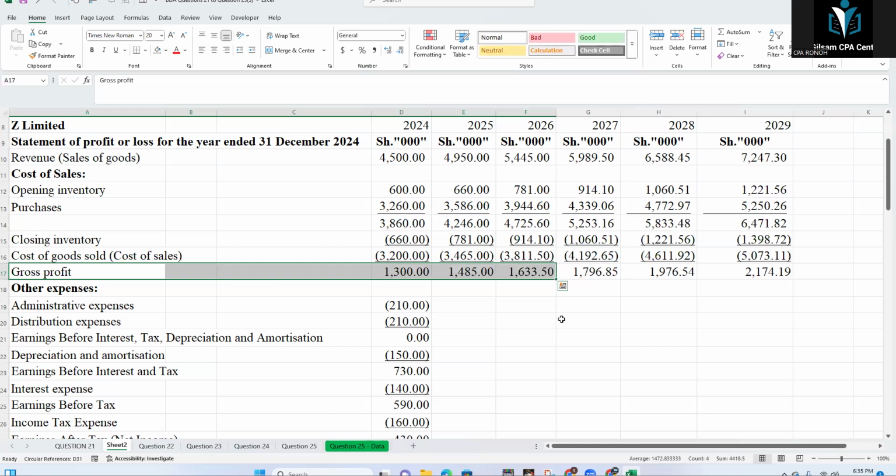Umefika hapo ama umekwama mahali? Yes? Hapo kwa gross profit ndio nimebaki. Haya, umeipata kwanza hii 1485, 30% of the sales.